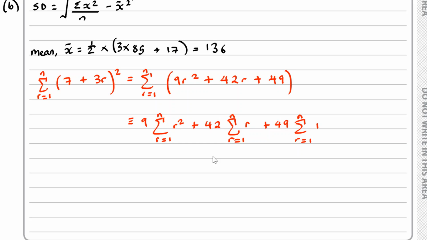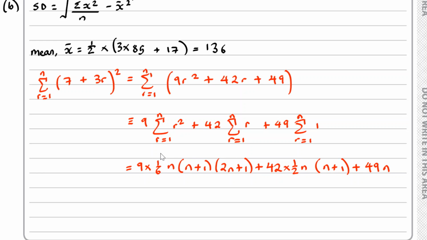So we have 9 multiplied by 1/6 n lots of n plus 1 lots of 2n plus 1, and then we have 42 lots of 1/2 n lots of n plus 1, and then we have 49n.